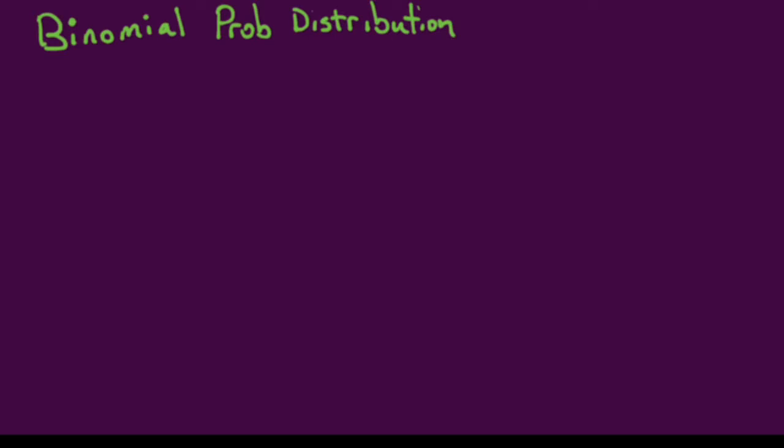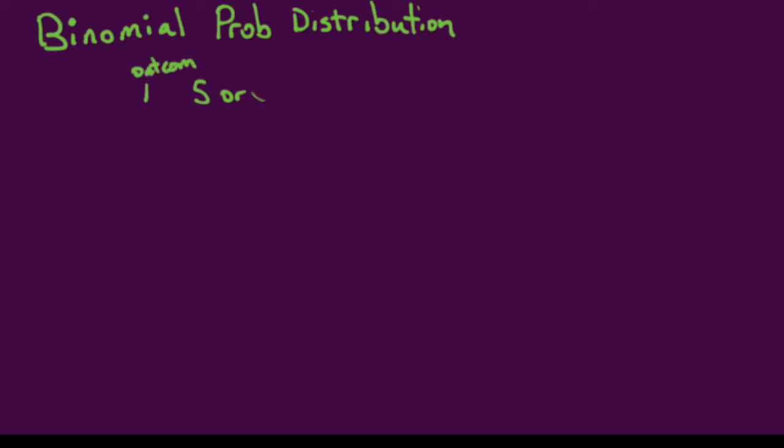If we roll a die, just a single D6 die, it has 6 faces. If we don't consider it anything other than what face comes up, that's not a binomial. But we could divide that and say, all right, I want to know if that was a 5 or 6, so that's one outcome.